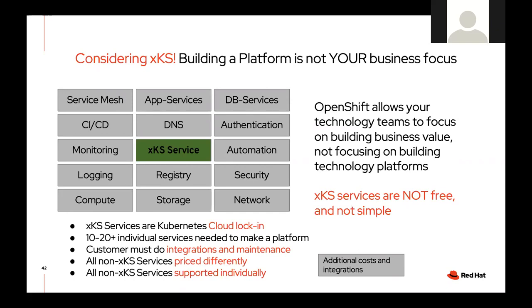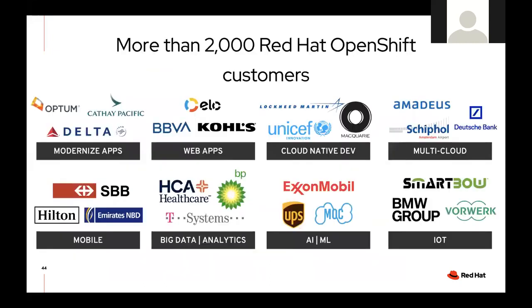OpenShift gives you the full enterprise, fully integrated components, single platform installation, full integrated lifecycle management, day one, day two automated operations, and it's all priced as one platform that you can anticipate and manage, and it offers you choice across multiple hybrid clouds as well. So take that into consideration as well.